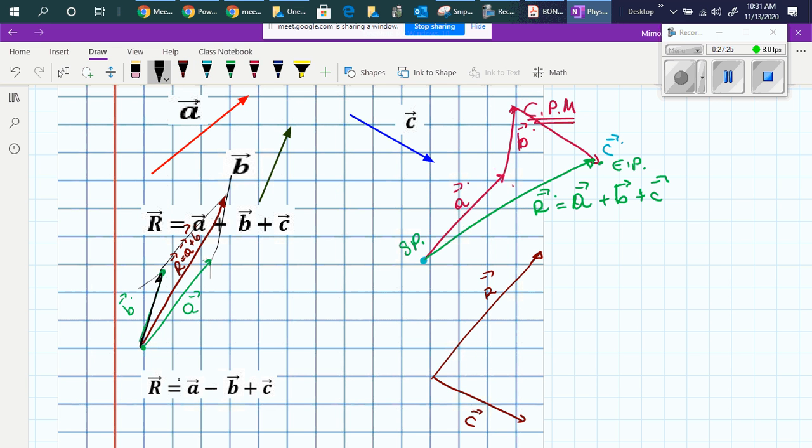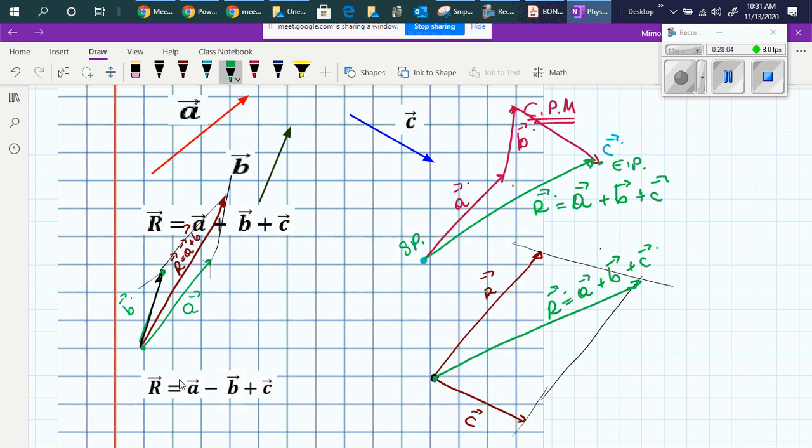With those two lines, we construct the parallelogram. Starting at the starting point, everything starts at the starting point with a parallelogram method, we will have vector A plus B plus C.